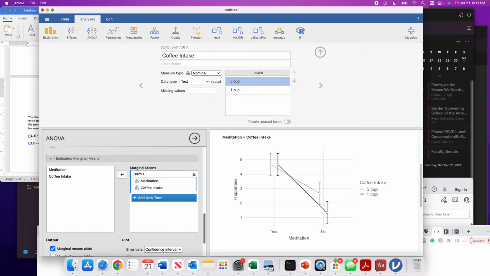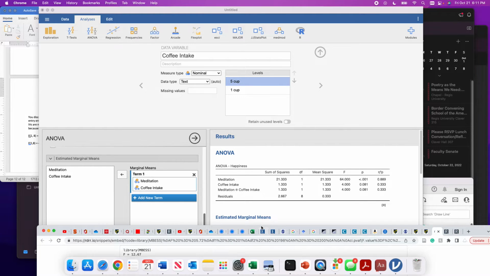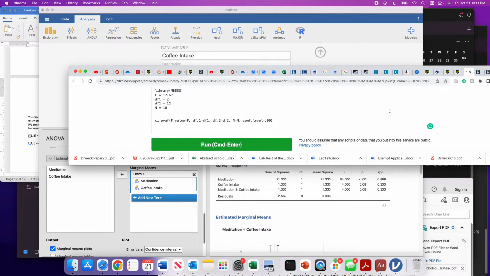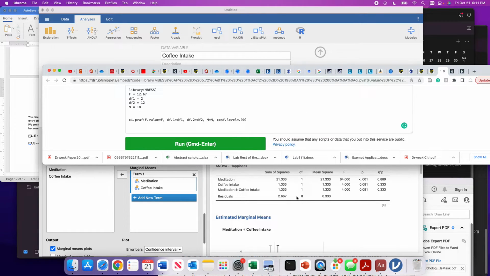Okay. The one thing I see is that my partial eta squared is 0.33. And now I need to calculate a 90% confidence interval for my eta squared with a between subjects analysis. 8, 9, 10, 11 plus 1 is 12 participants.